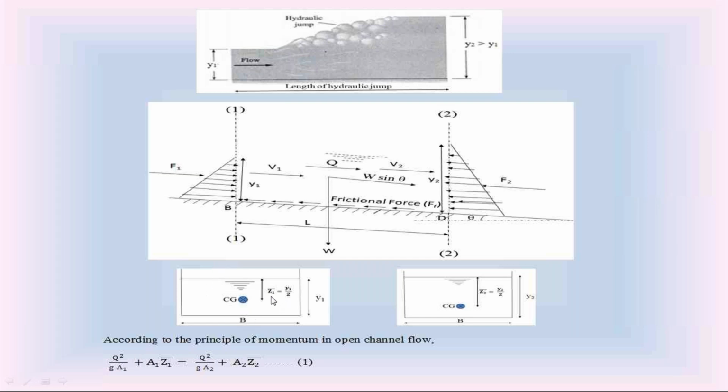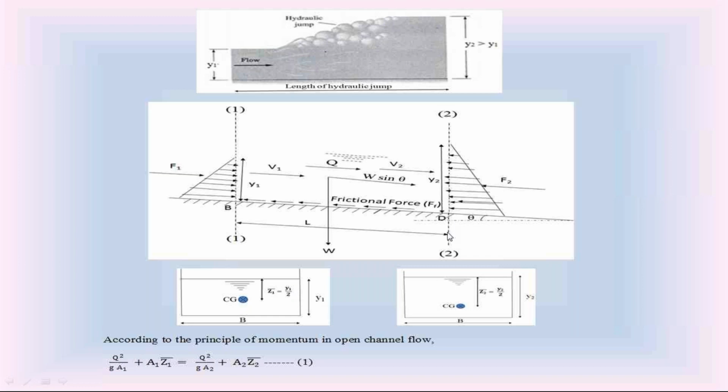Since it is a rectangle, Z1 bar is equal to half of the depth, y1 by 2. So this is the channel section at section 1. At section 1, the rectangular channel has the width B, depth of flow y1. Since it is a rectangle, from the top, the centroid is at half of the depth. So Z1 bar is equal to y1 by 2.